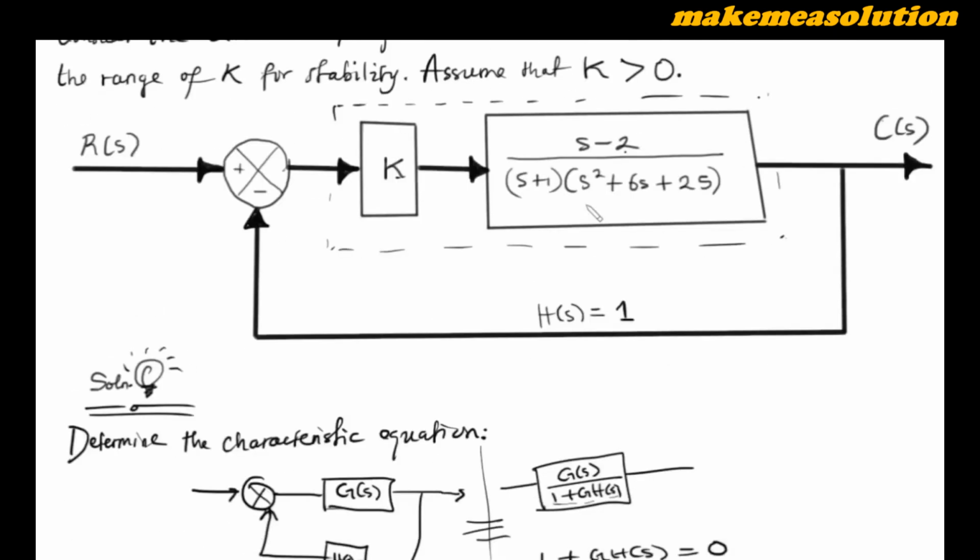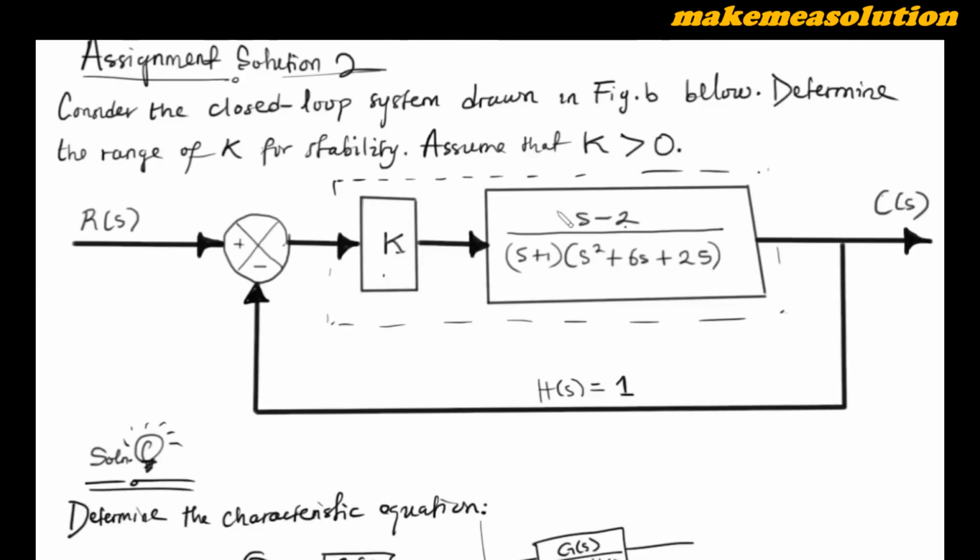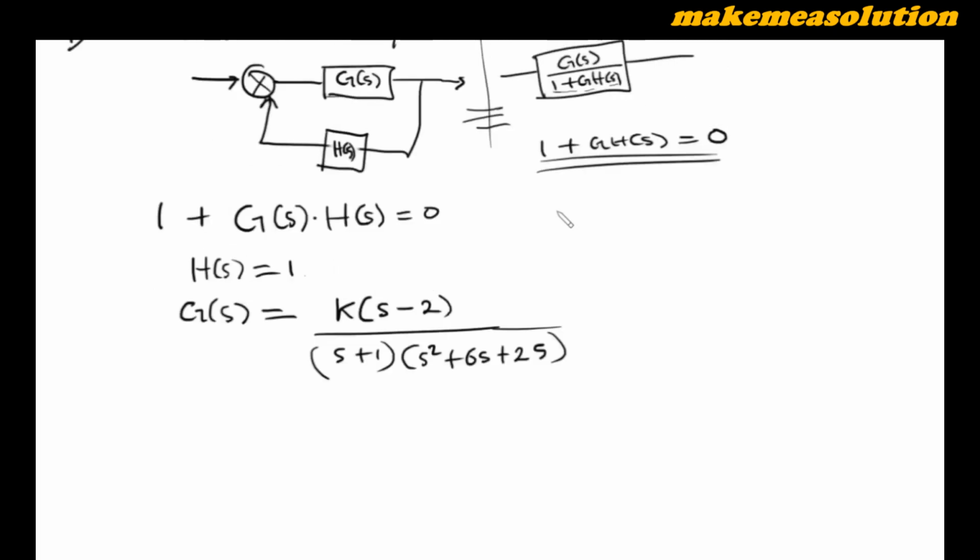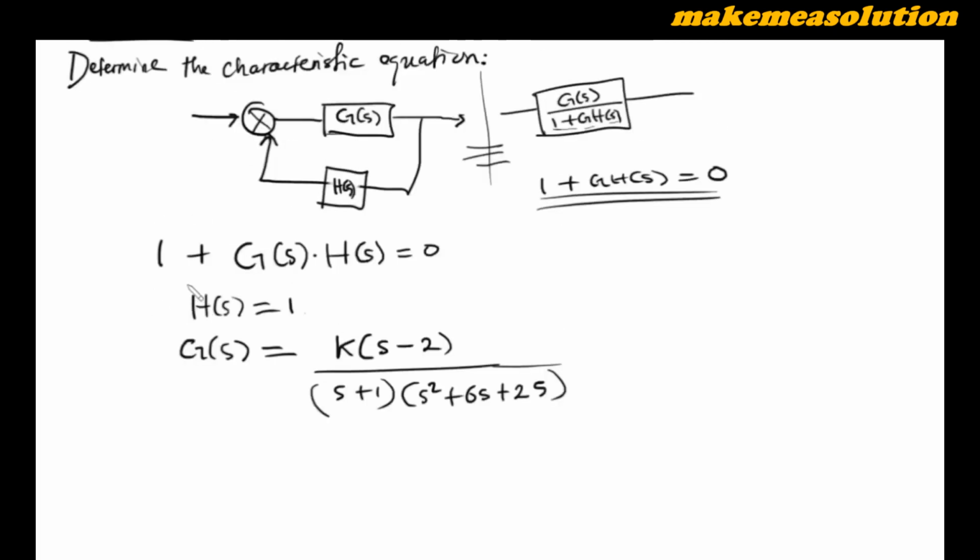So this is our g of s, the product of this and this, and our h of s is 1. Now that we have g of s and h of s, we can interpret our characteristic equation as follows.